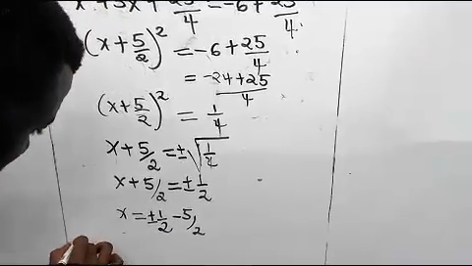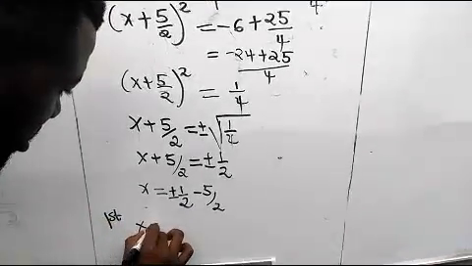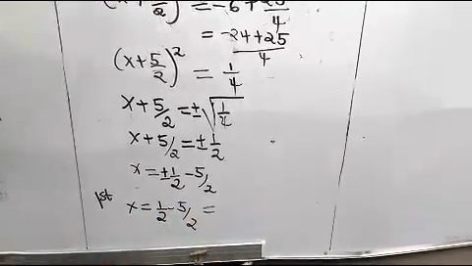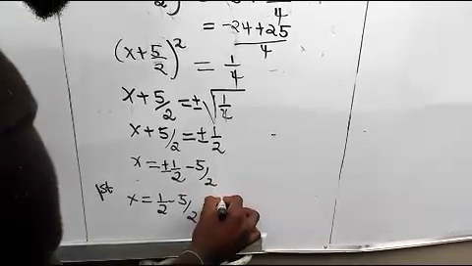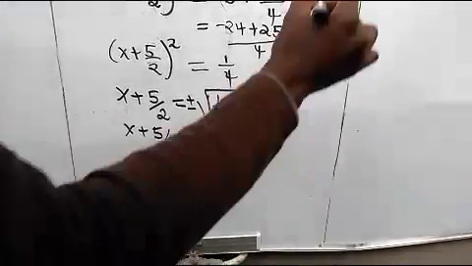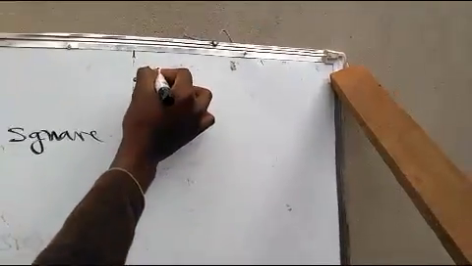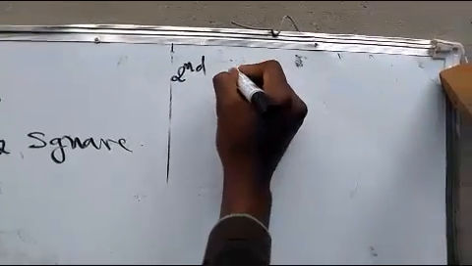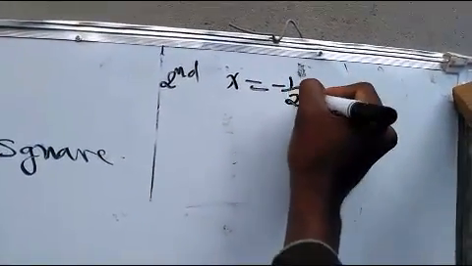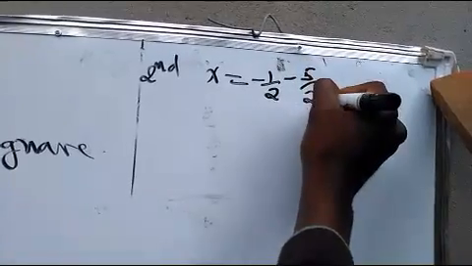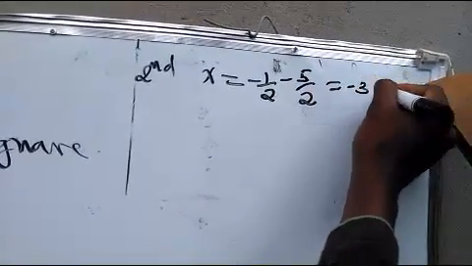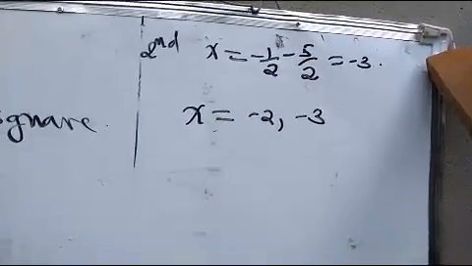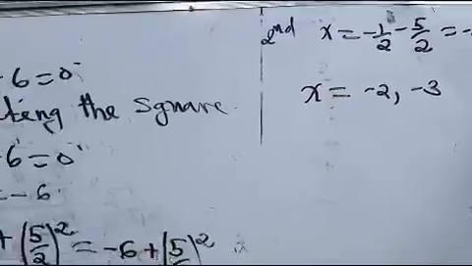That means the first value of x is x equals half minus 5 on 2, which will give us minus 2, and the second value of x is minus half minus 5 on 2, which will simply give us minus 3. That makes our x equal to minus 2 and minus 3. Like I said in the other video, x must have two values.